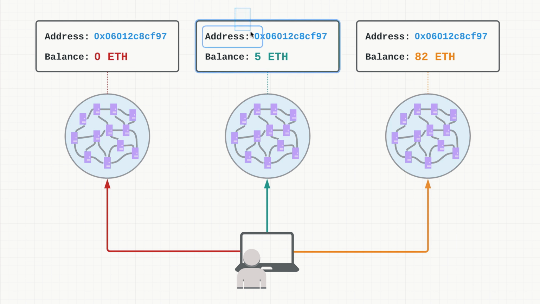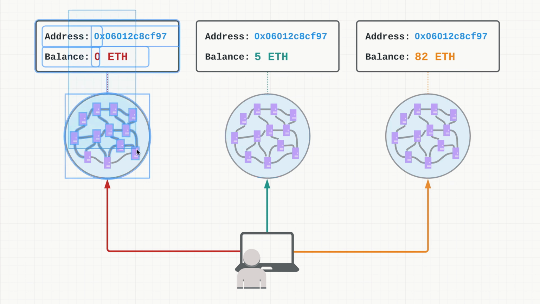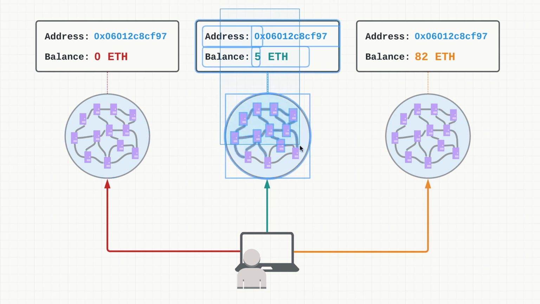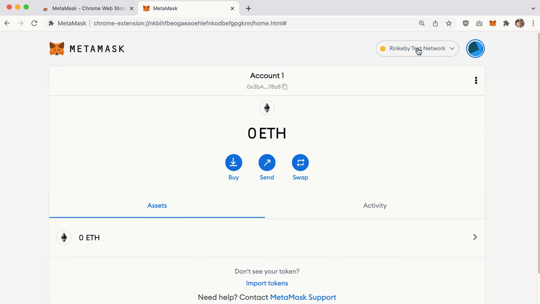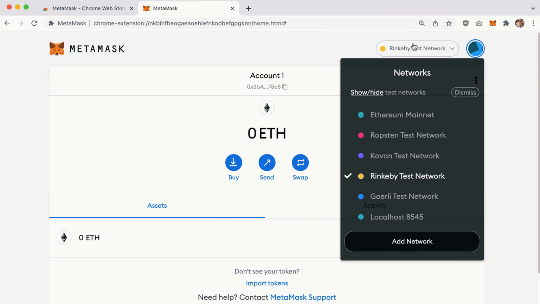Whenever I connect to a different network, a development network, and start getting Ether for that, this network knows nothing about the main network. In other words, the Rinkeby test network has no idea what's going on in the Ethereum main network. It has no idea it exists. It really is completely isolated from it, a completely different environment.